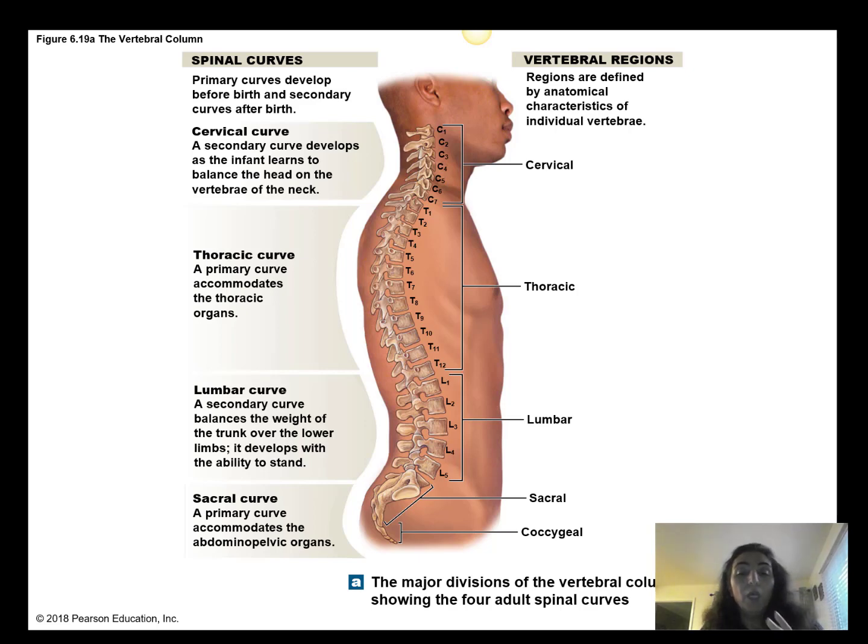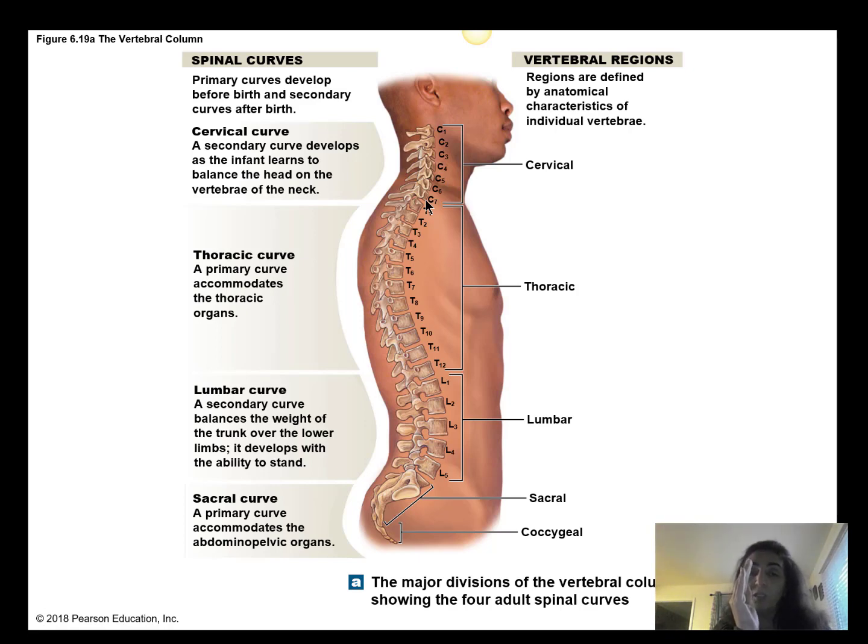Then the newborn, after a while, like after 6 months, starts holding their head and neck, right? And that is the time a secondary curve in the cervical area is developing. But as you see, the direction of that is opposite. That is concave toward the posterior.